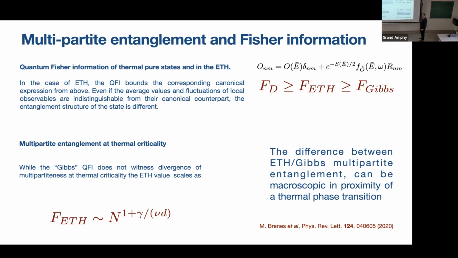I did not say FD, but the diagonal ensemble. This is the ETH and this is the Gibbs. So in the case of F ETH, you use just the variance of O. In the case of F Gibbs, you have to use the purity, the mixed state expression, in which you have to include also the probabilities.